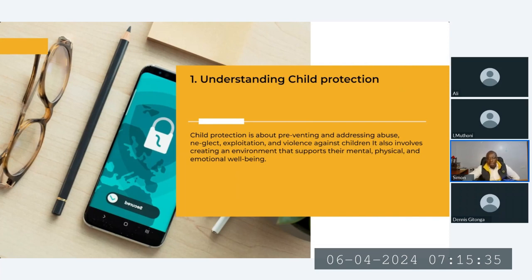Even as we discuss child protection, we are doing so not just because it's required by law, but because it supports their mental, physical, and emotional well-being. It is about them. It's about their interest. Here, it's not about our interest as an organization. It's not about the parental interest. It's about the child's interest.